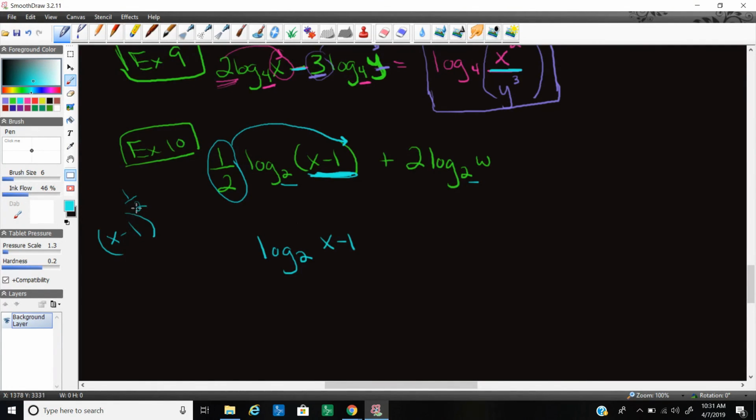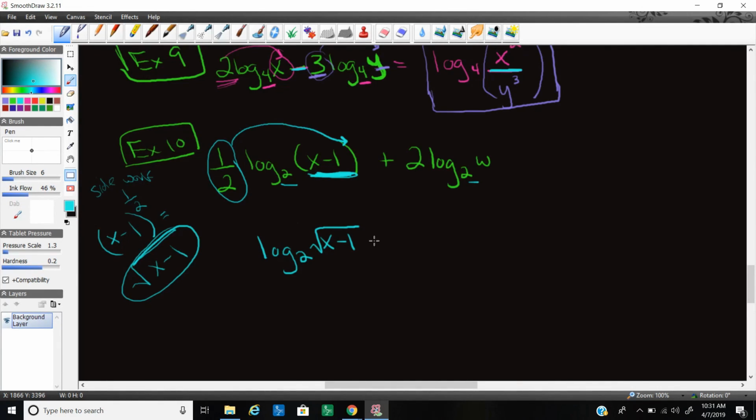But remember what I said previously, that this 1/2 is equal to a square root. So when you're condensing, you want it to look as simplified as possible. In this case, this would be your more accurate form. So we have log base 2 of the square root of x minus 1.